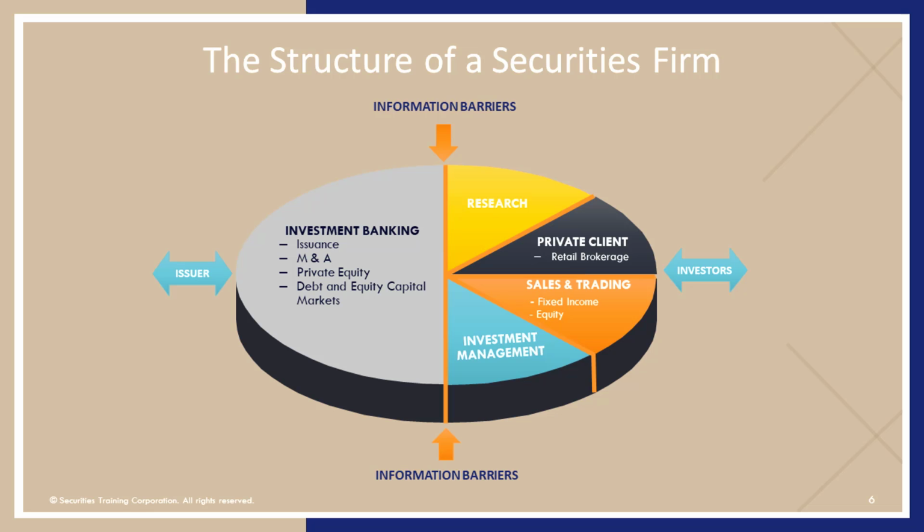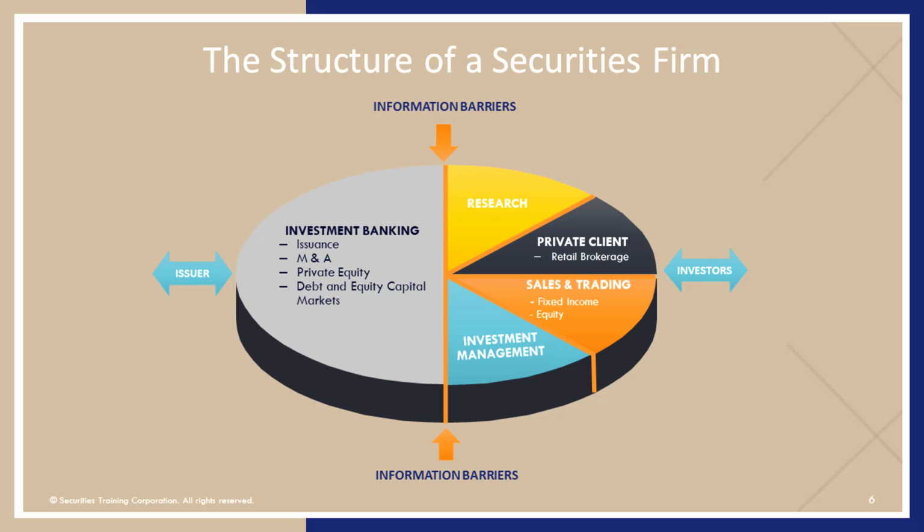If investment banking is going to be working on a merger and acquisition, they would not want other departments of the firm to know about that because they would trade in advance of that information. So if one company was going to buy another company and the announcement was going to be made in 3 weeks, if the investment banking M&A department disclosed that to other areas within the firm, they'd be violating securities regulations.